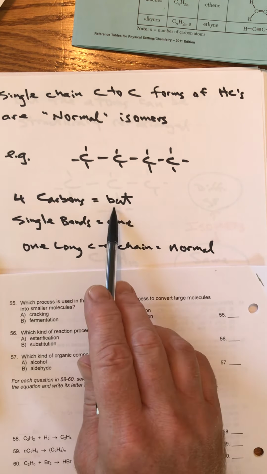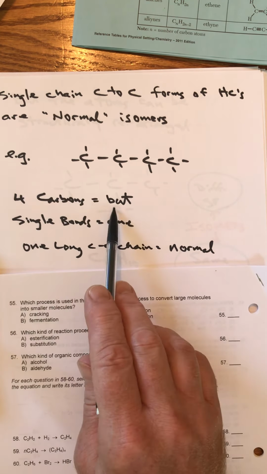We will come across something in our packets called the condensed structural formula, which says, well, what if I just consider these in a row? Like, what is that? Well, that's carbon with 3 hydrogens, so that's CH3, followed by CH2, followed by CH2, and ending with CH3.